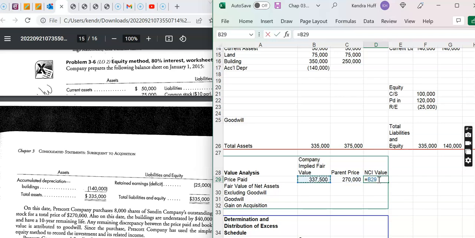And subtract. All right, fair value of net assets is going to be the 375 minus the 140. Will be what's left.